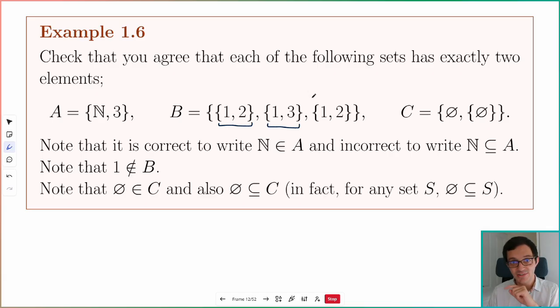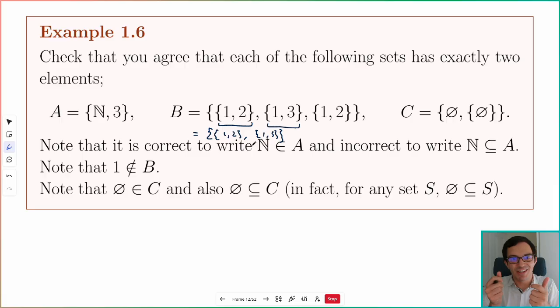Remember, repeats don't mean anything special. So B is just the set that contains the set containing 1 and 2, and the set containing 1 and 3. So B contains 2 sets.